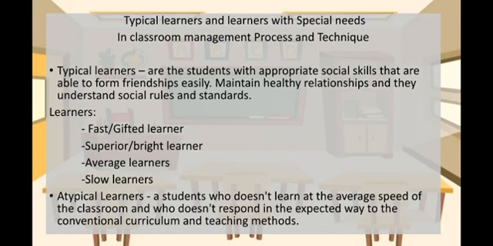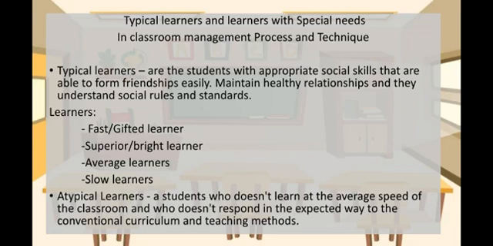So the atypical students are the students that may have one or more of a variety of disabilities that impede their learning. So these students are required by the IDEA to receive an education that involves a least restrictive learning environment.